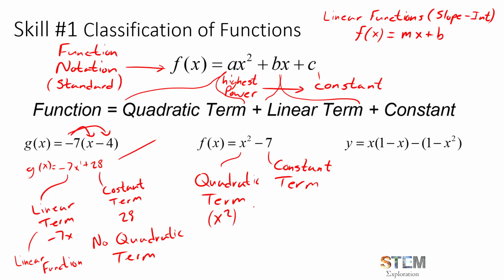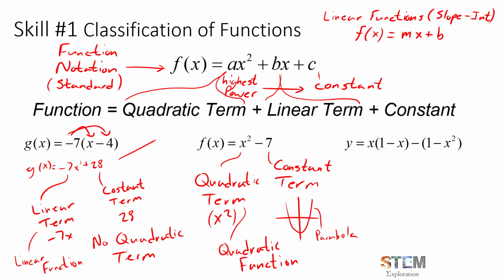And as a result, since there is a quadratic term, it is the highest power for this specific function, we can say that this is a quadratic function as a result. Since this is the highest power term, we can understand that this function is going to create this parabola, this U-shaped function as a result.